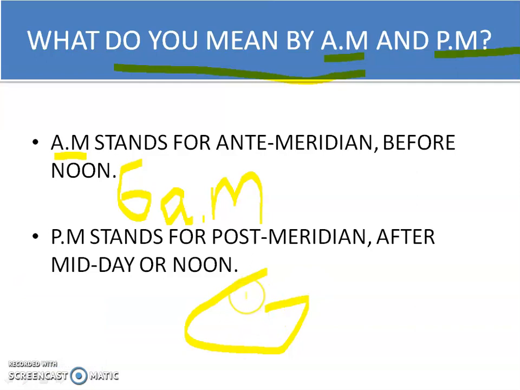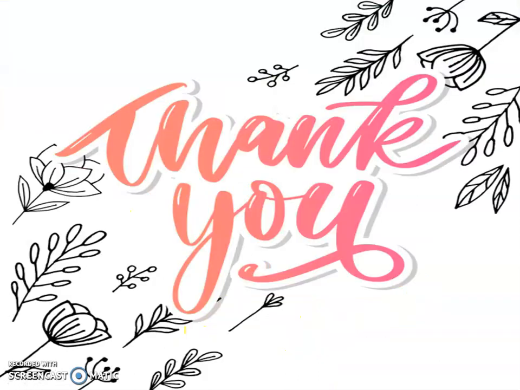For example, 6 o'clock in the evening is expressed as 6 PM. Is it clear? I hope you understood what AM and PM mean. So thank you.